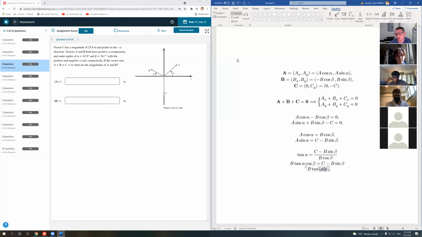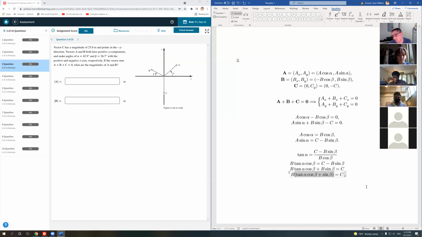So I would wind up with B tangent alpha cosine beta plus B sine beta equals C. The second to last step is to factor out the B. And then you just divide both sides by this junk in the parentheses, right?